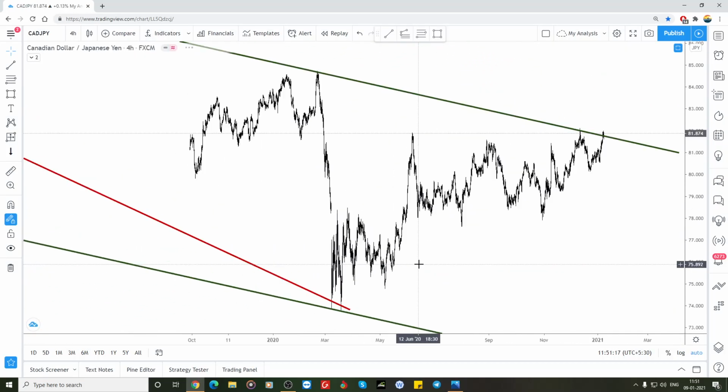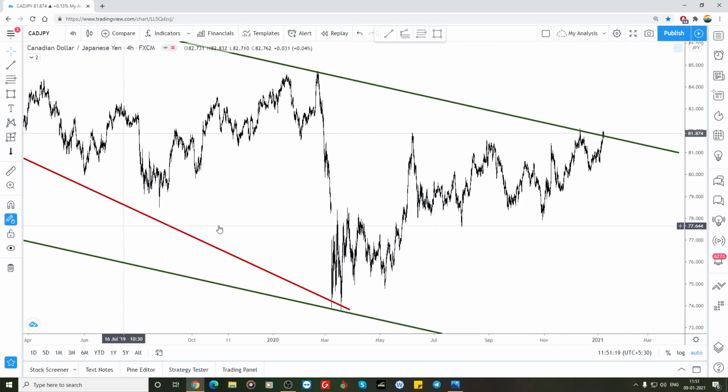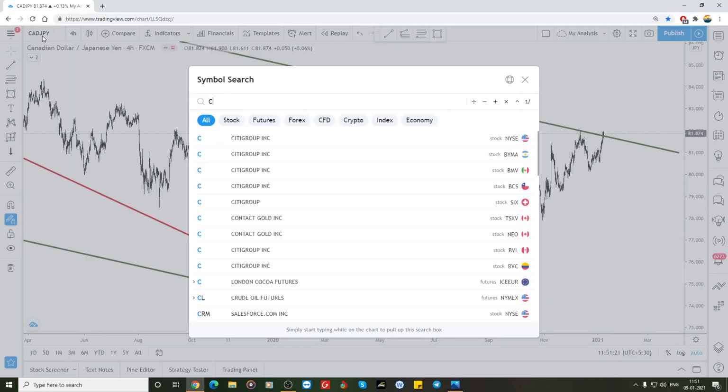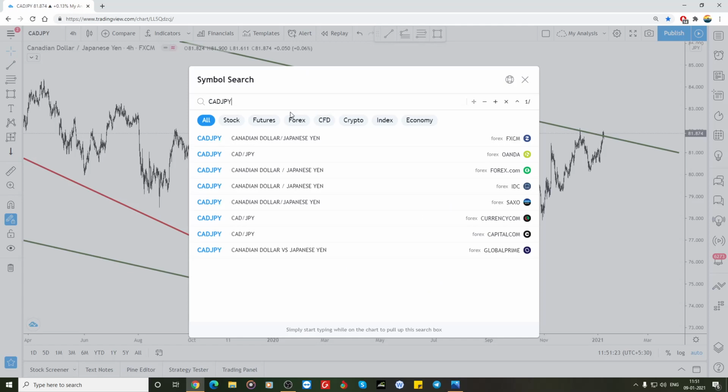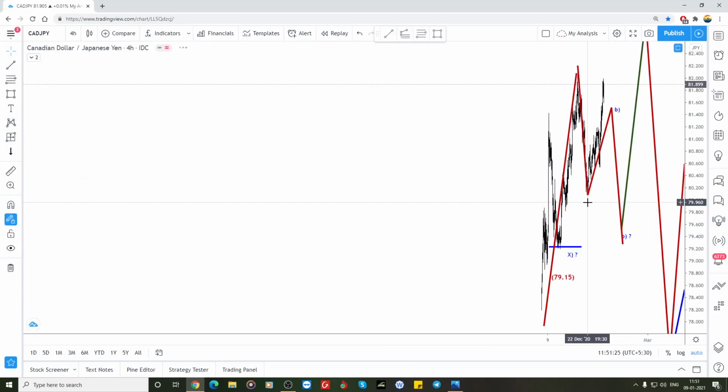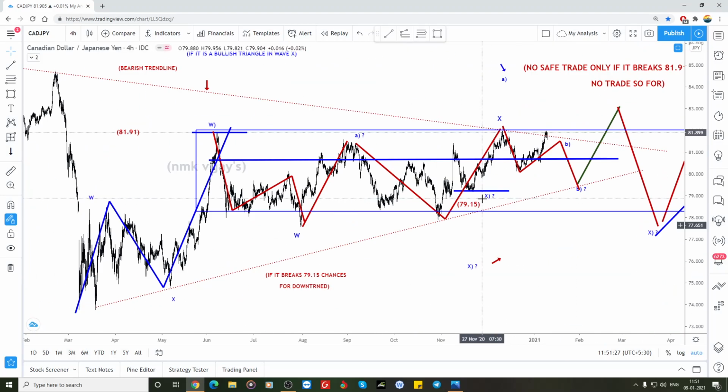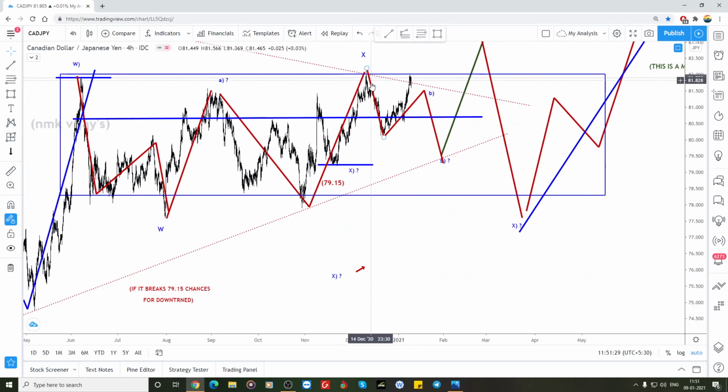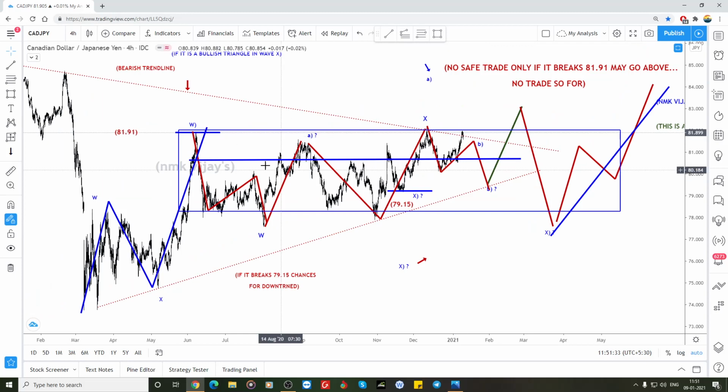This is not the way I'm expecting, right? And I have always said that it will do a lot of things, and then there is no trade in this, it's not safe. See what I said, it's doing the same. So whether it's a W, A is finished in the five-wave structure.